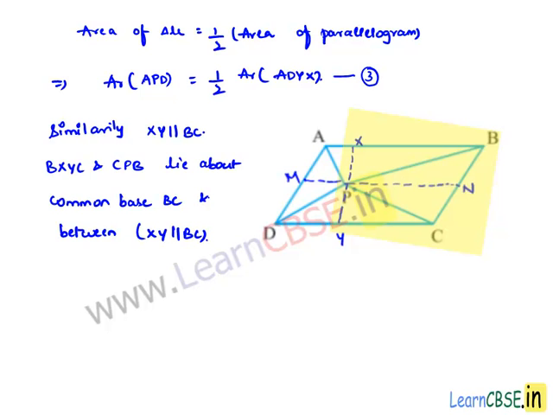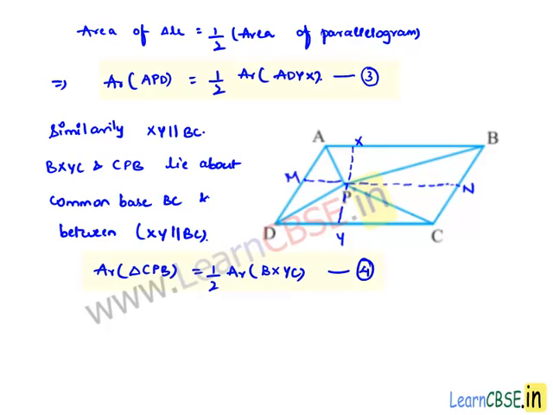Now when a parallelogram and a triangle lie on the common base and between the common parallels, area of triangle BPC or CPB will be half times area of parallelogram BXYC.